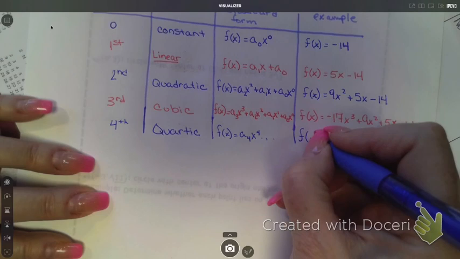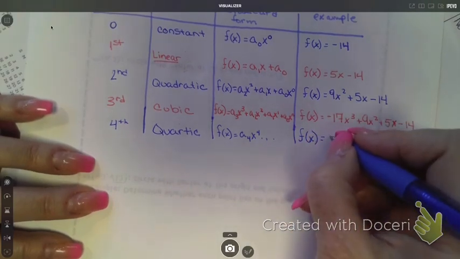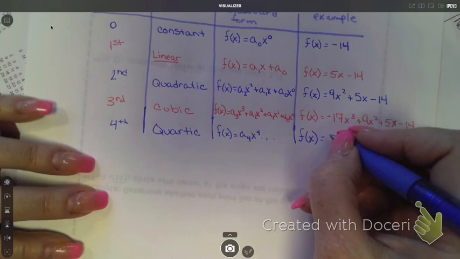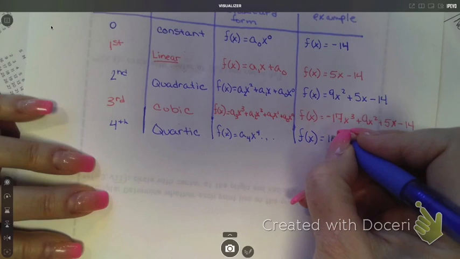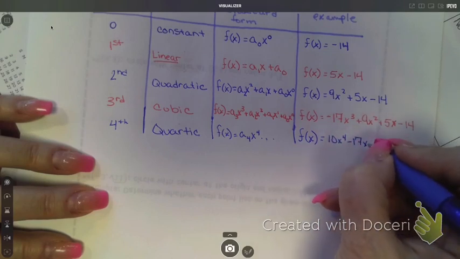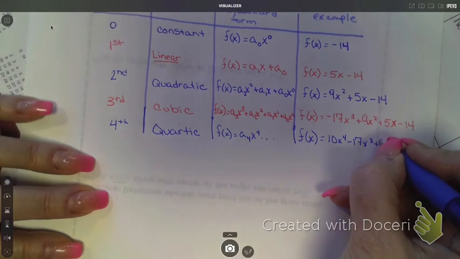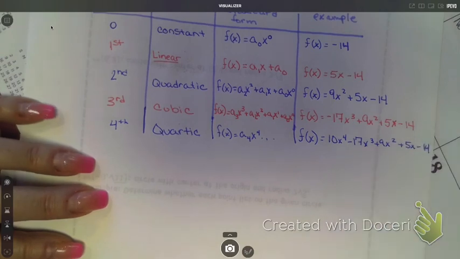Anybody want to give me an example? I could do 10x to the fourth minus 17x to the third plus 9x squared plus 5x minus 14.